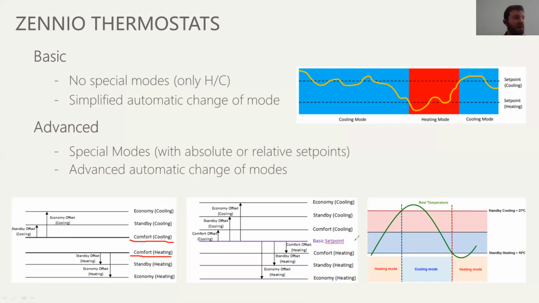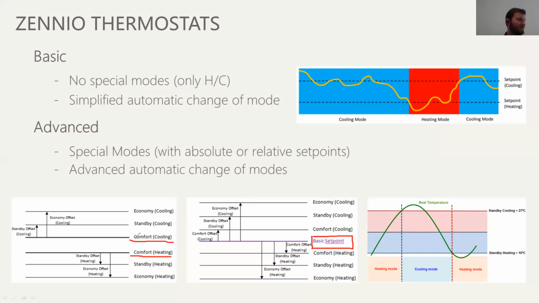If you do that with relative set points, what you have is one basic set point. With absolute, you have one set point for comfort in cooling and one set point for comfort in heating. With relative set points, you have one basic set point, and then an offset for comfort, heating or cooling, an offset for standby, heating and cooling, and an offset for economy, heating and cooling.